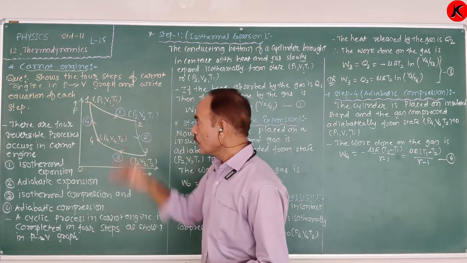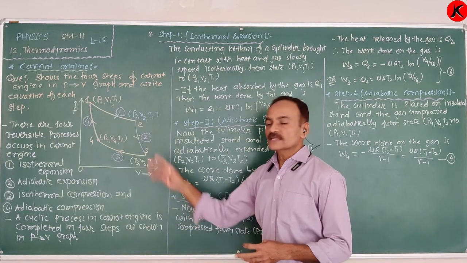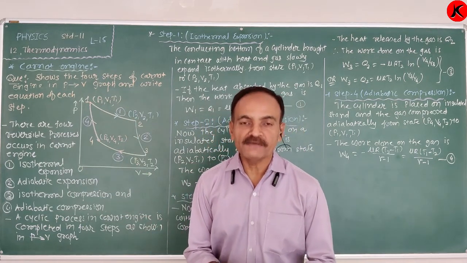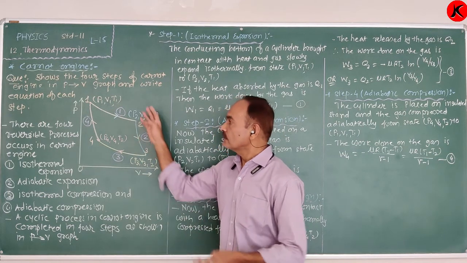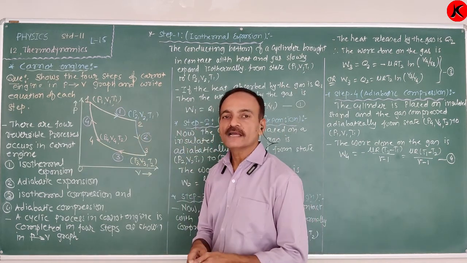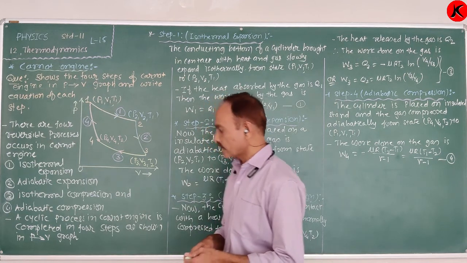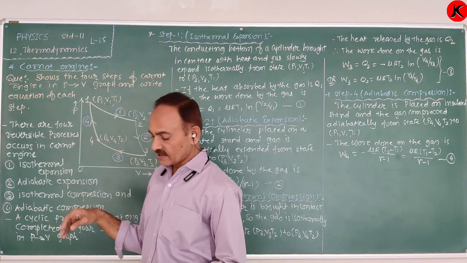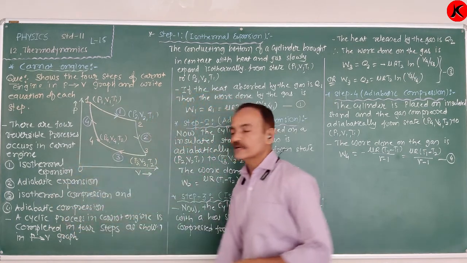Right? Okay. Now the answer to this question: the 4 steps of the Carnot engine in the P versus V graph, and write the equation of each step. Therefore, there are 4 reversible processes in the Carnot engine.